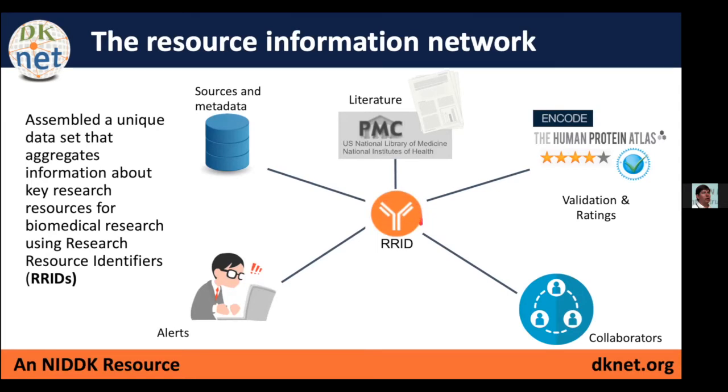But again, the informatics behind this really is focused on identifiers for each of these resources. Each of these resources is uniquely identified through an RID, which allows us to aggregate information from many different resources.